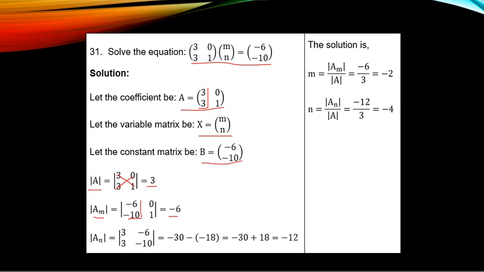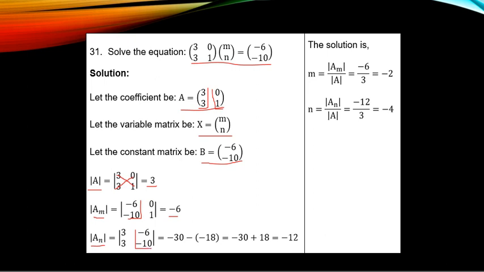Then you look for determinant of A sub n, where you replace the n column 0 0 1 by the constant matrix, that is minus 6 minus 10. Are you getting it? Okay.